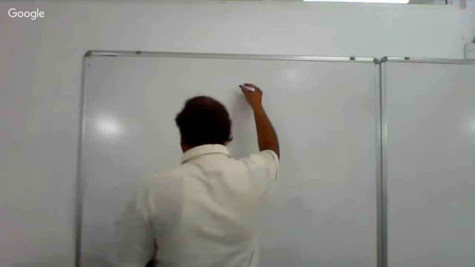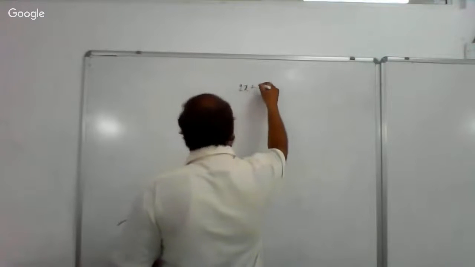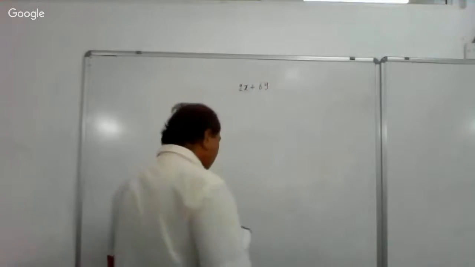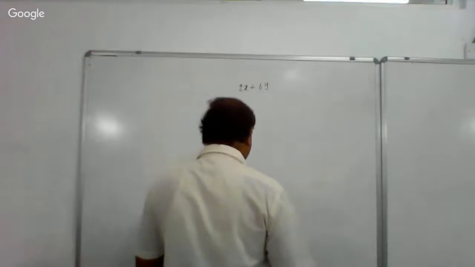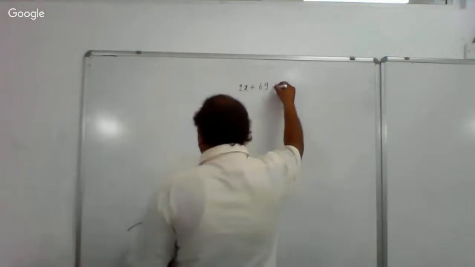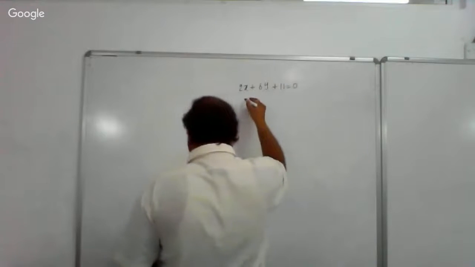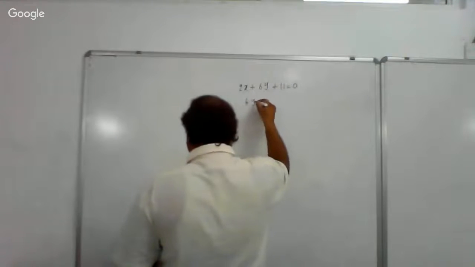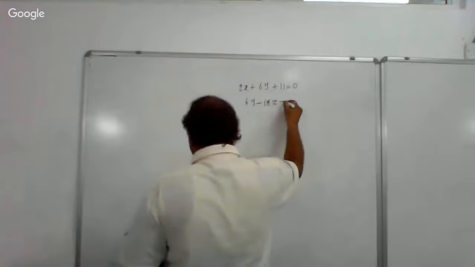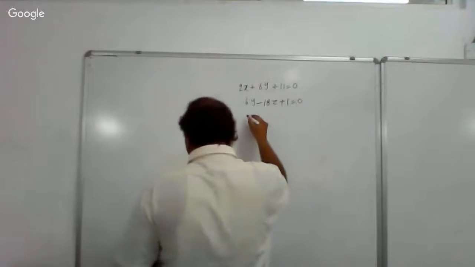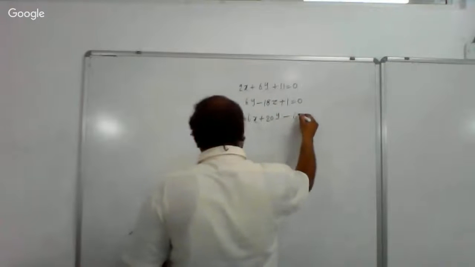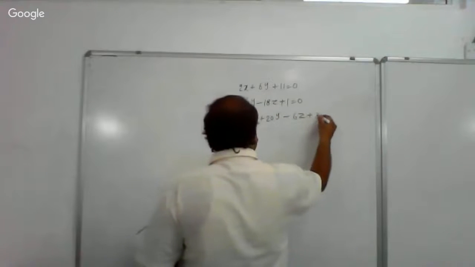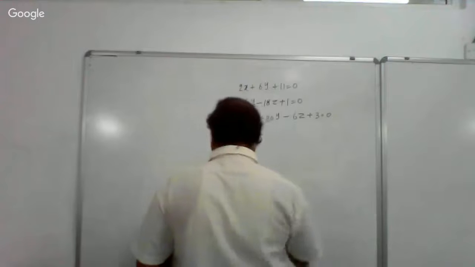Now, the system of equations 2x plus 6y plus 11 equal to 0, 6y minus 18z plus 1 equal to 0, 6x plus 20y minus 6z plus 3 equal to 0.